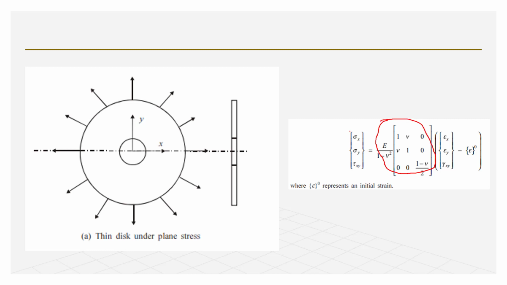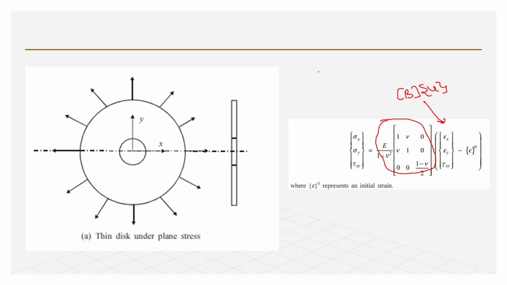Now next, the stress is equal to D matrix into B matrix into U matrix, where B matrix into U matrix is the strain. Now what is this B matrix? It gives the relation between strain and displacement.